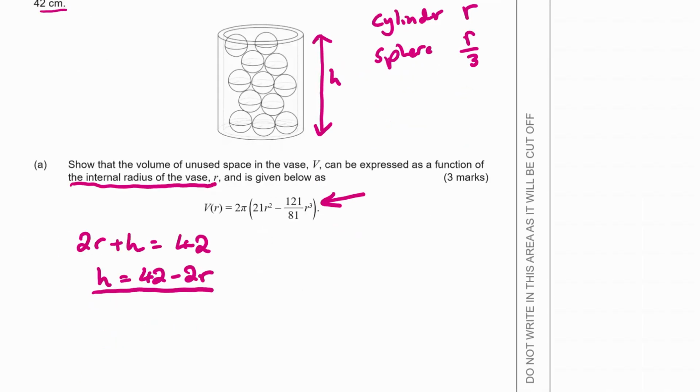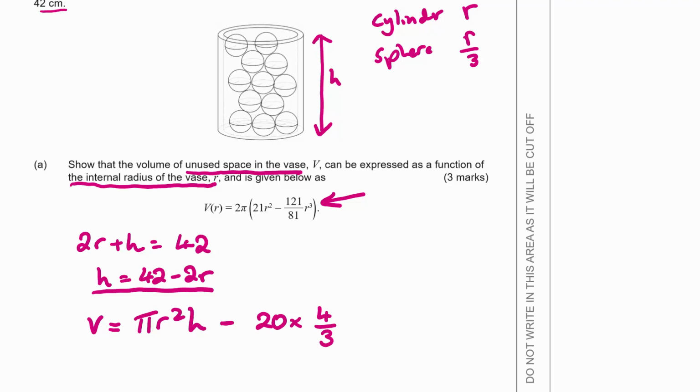So let's think about the volume. And this is for the unused space in the vase. So we're going to start off with the volume of the vase, which is pi r squared h. That's the volume for a cylinder. And then we're going to take away 20 lots of the spheres.